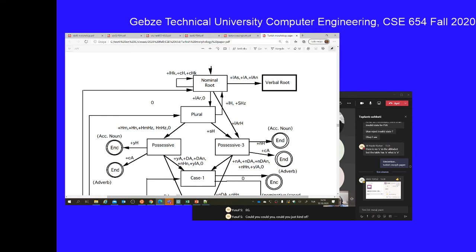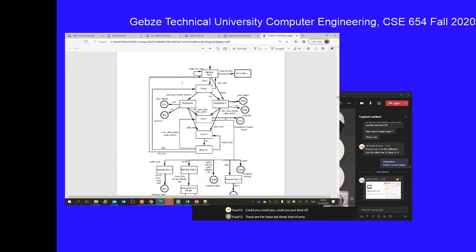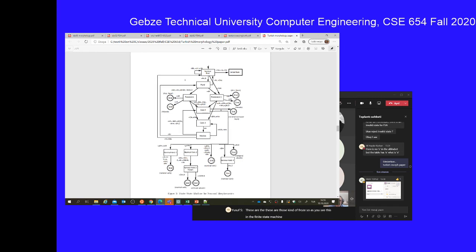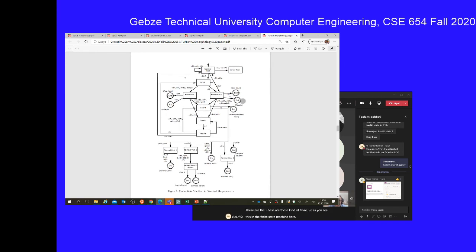These are those kinds of rules. So as you see, in the finite state machine here, there are accept states, and before that, I go through many transitions, and with these transitions, I can make an analysis of the given word. And these are for nominal nouns and adjectives again.